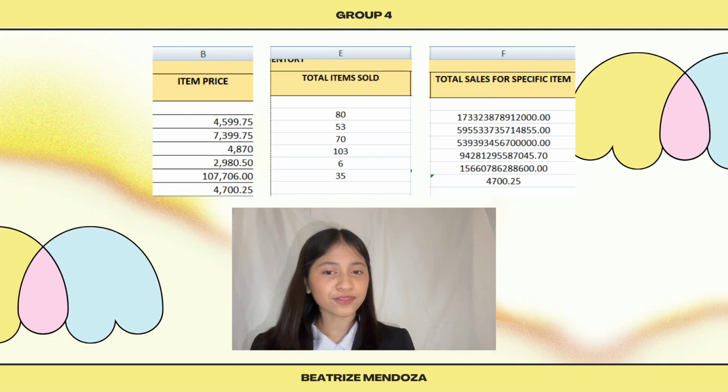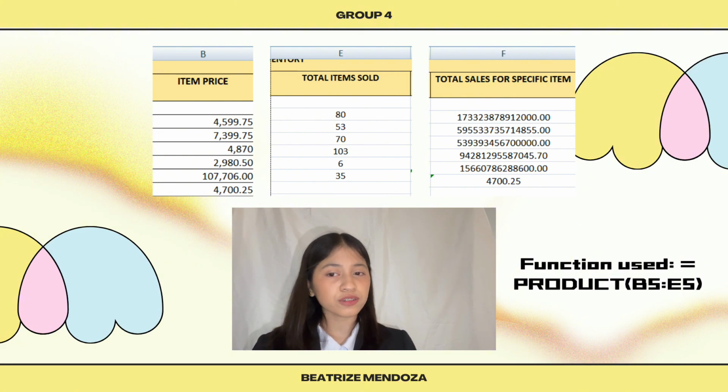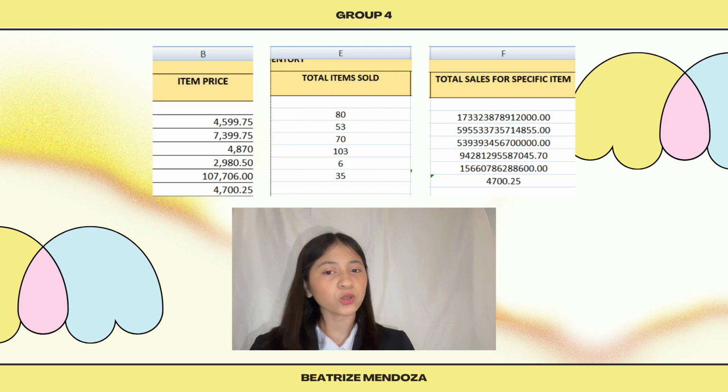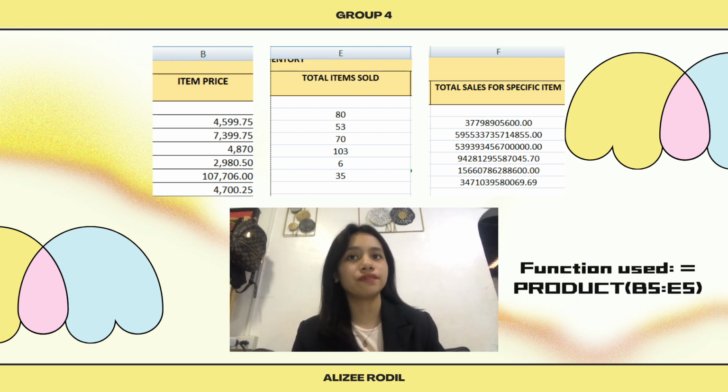Next is column F, which shows the total sales for a specific item. However, we must solve to determine the total sales for a specific item as well as for each product. To find the total sales per item, simply multiply the item price by the items sold using the formula B5 times E5 downwards. Since we already know what we have sold, now we will be using the formula of B5 times E5.